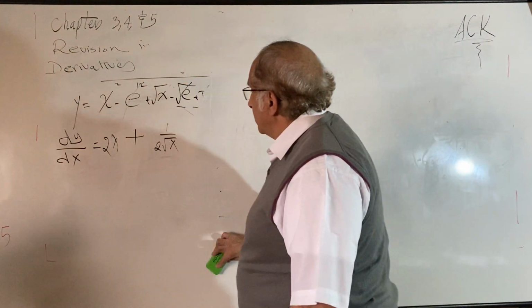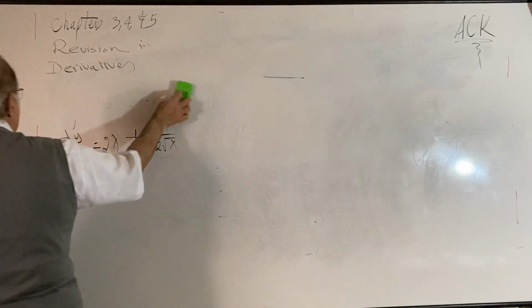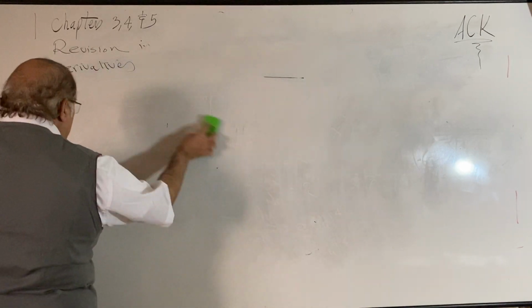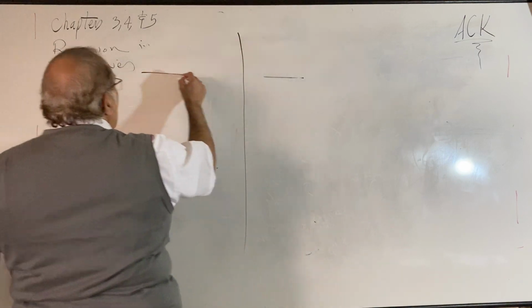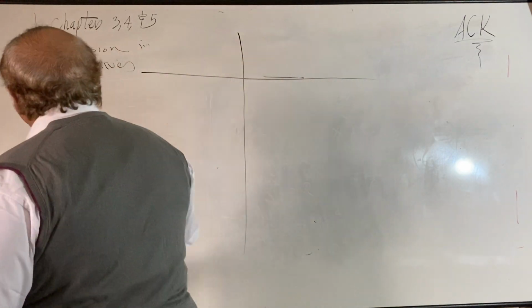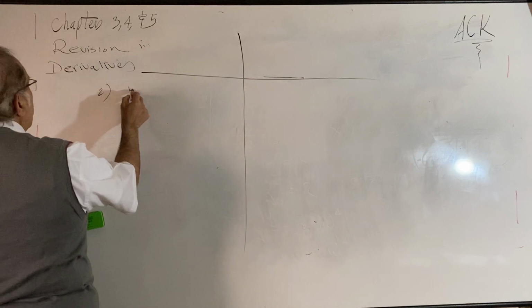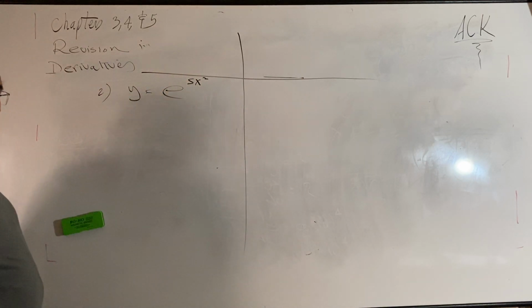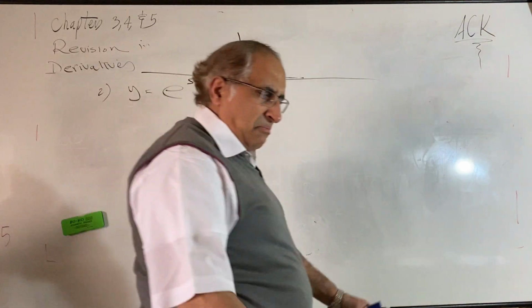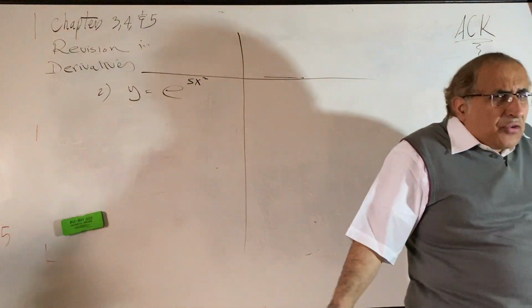What is the next thing? The next thing is the rest of the basic functions we learned in Math 1. We learned how to differentiate e to the power 5x squared. Let's mix them with some chain rule, because we took them.